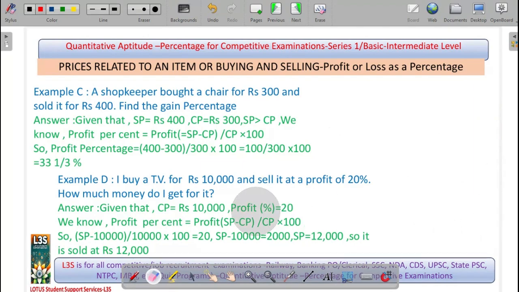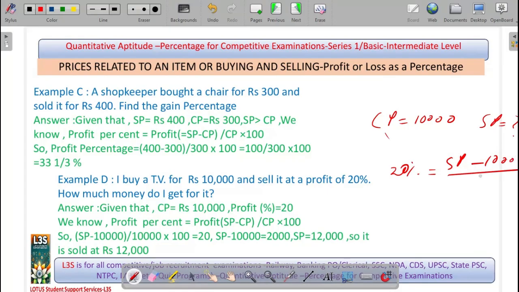Let's do the next one. I buy a TV for rupees 10,000, CP 10,000, and sell it at a profit of 20%. How much money do I get for it? So CP is 10,000, SP we have to find out, but it's telling a profit of 20%. So 20% equals SP minus 10,000 by 10,000 into 100%.